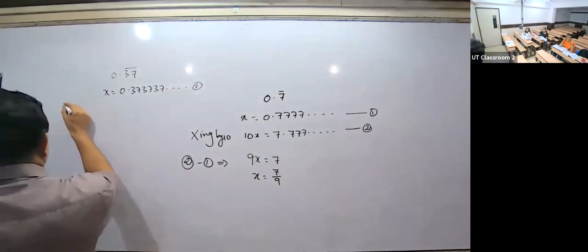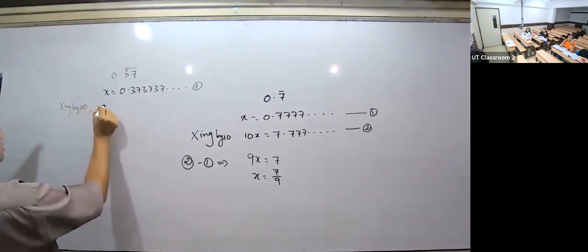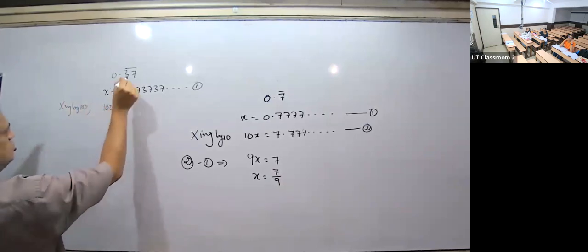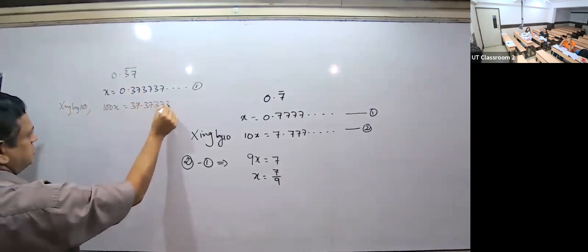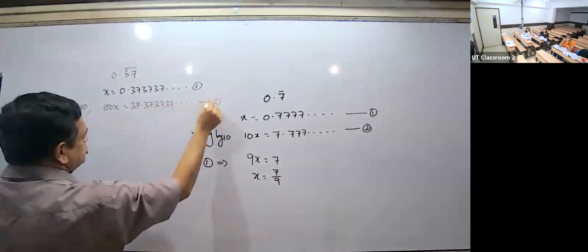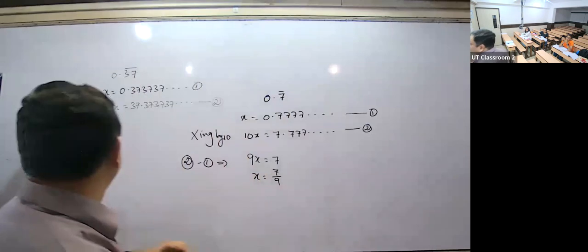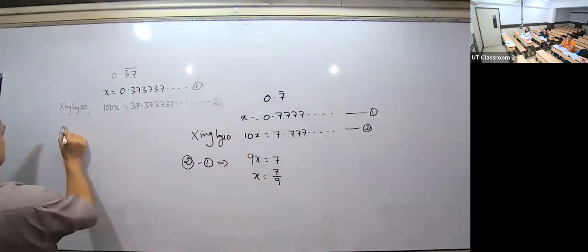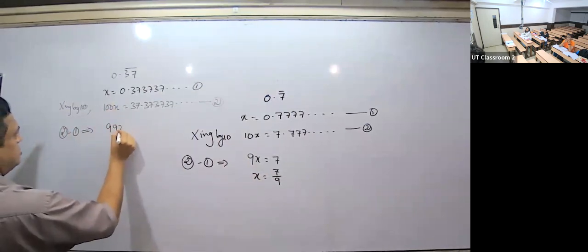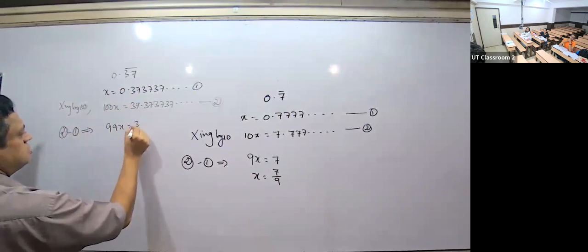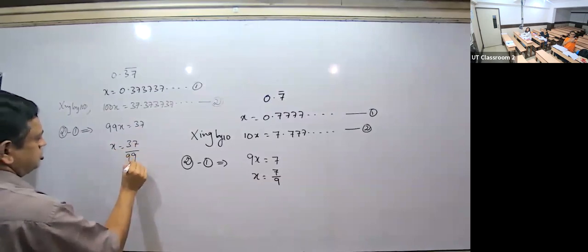So we multiply by 100. 100x equals 37.3737, that is equation 2. Then subtract equation 1 from equation 2. 100x minus x is 99x. 37 minus 0 is 37. Therefore x is equal to 37 upon 99. Did you follow?